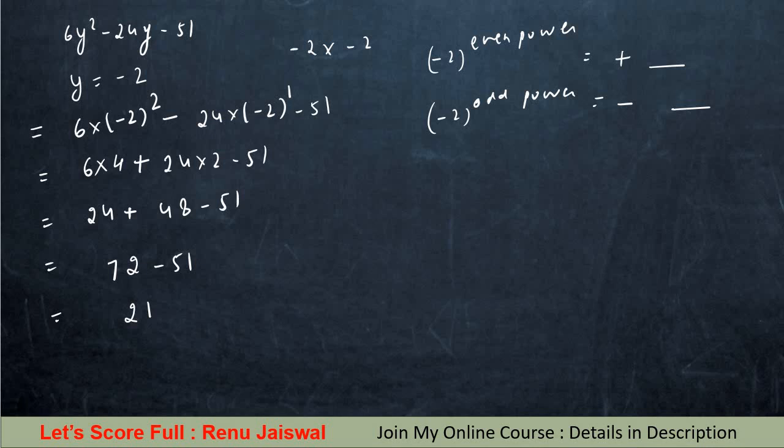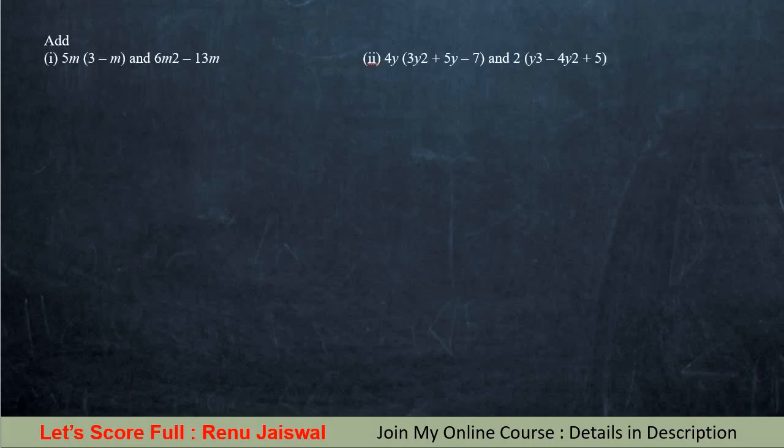Now moving to the next question. It says add these two. Means we have to multiply these two first and then add. So I can rewrite this as 5m into 3 minus m. Then it says add, so put a plus sign. 6m square minus 13m. Now as we multiply a monomial with a binomial, distribute these two.